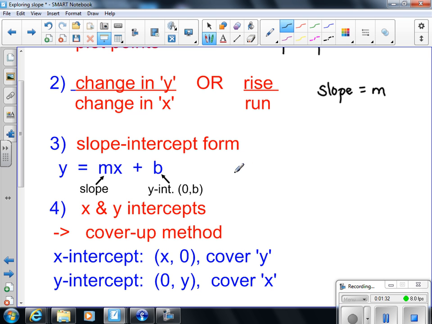That's why we call it the y-intercept. The y-intercept is where it crosses the y-axis. Then whatever is in front of x, or you're multiplying by x, is going to be your slope, or what we call m. And then we're going to look at a 4th way later on. That's with the x and y intercepts, the cover-up method, and we're going to talk about that later on.